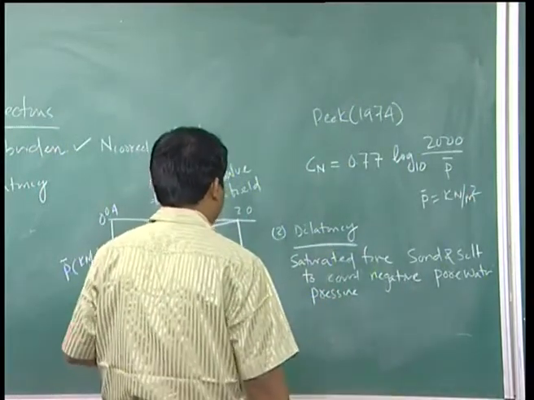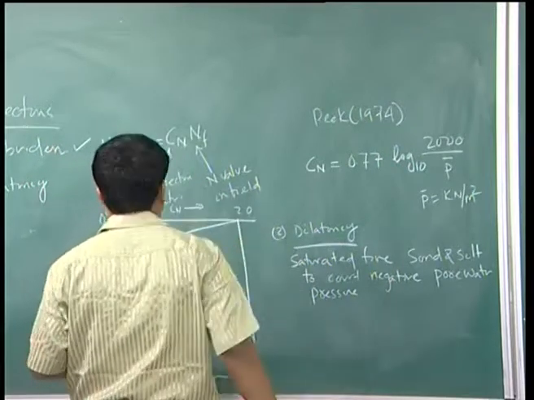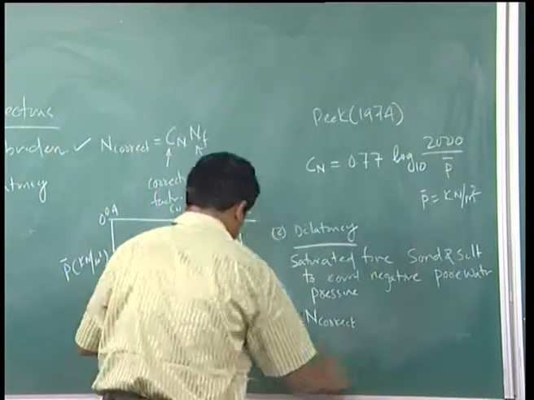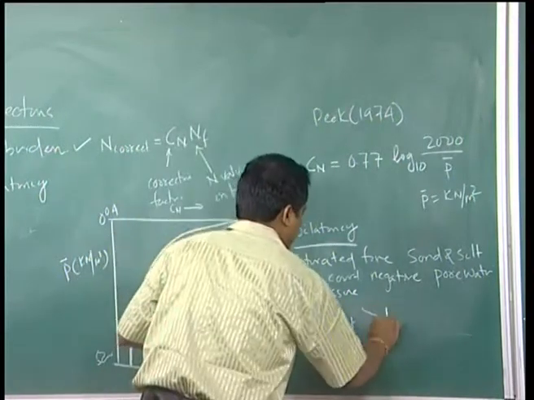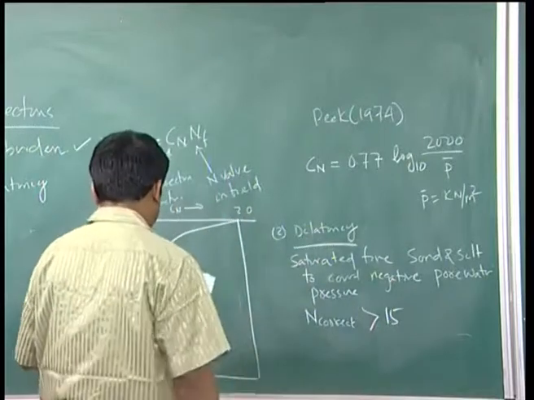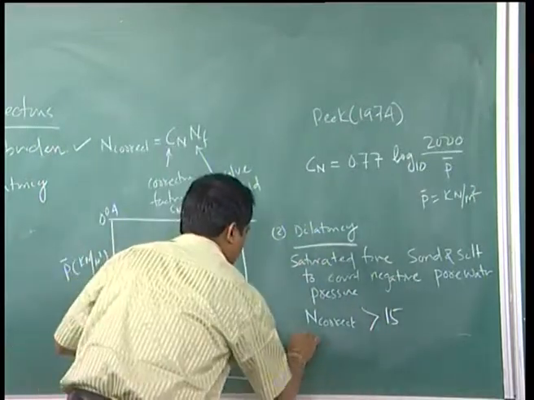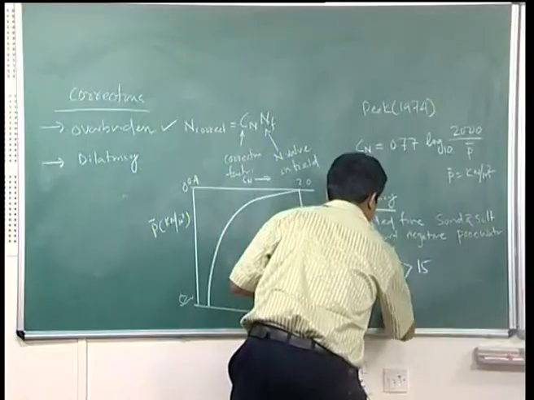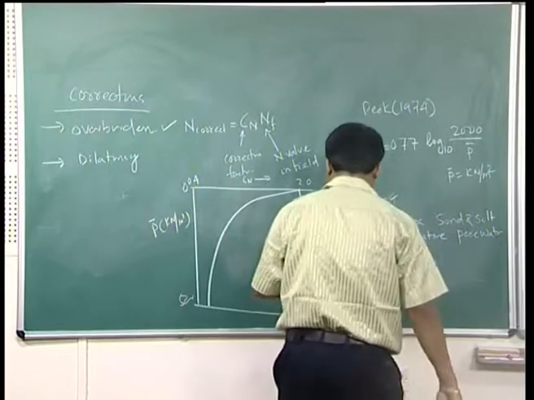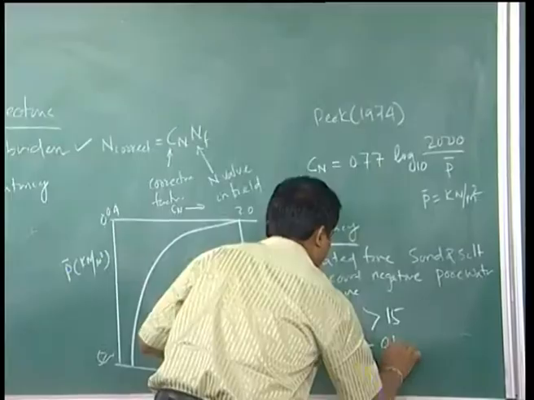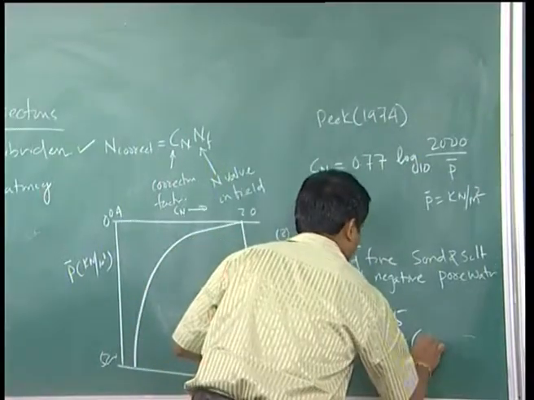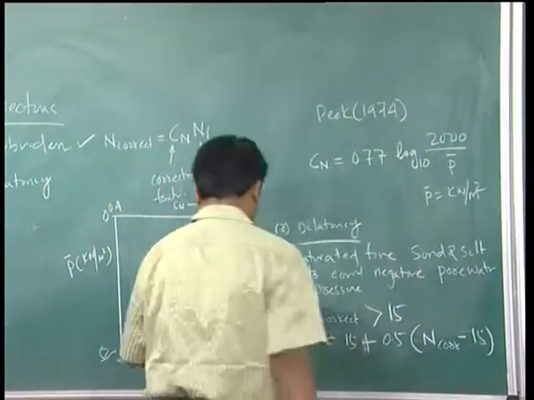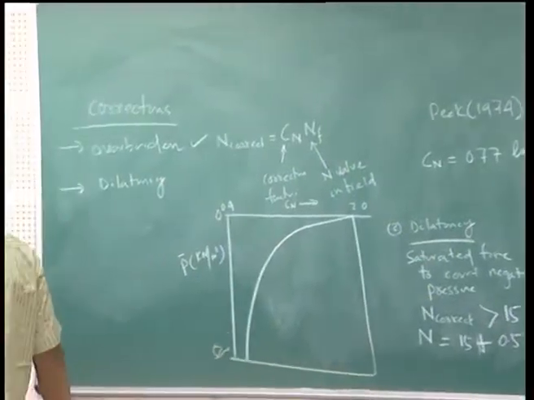It will be applied if N corrected for overburden is greater than 15; only then does the dilatancy correction have to be applied. In that case N is equal to 15 plus 0.5 into N corrected minus 15.